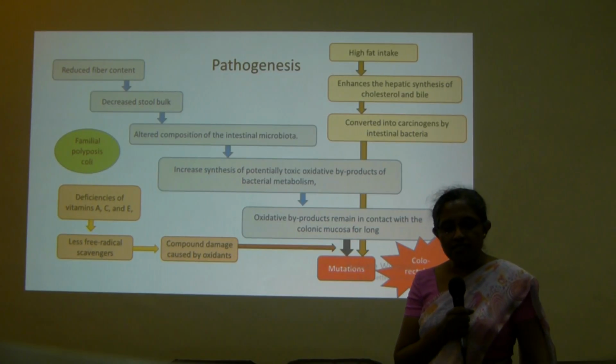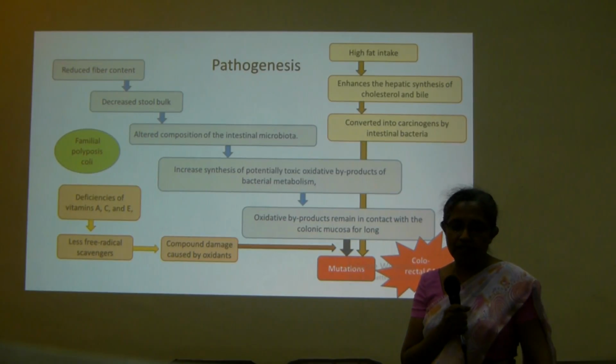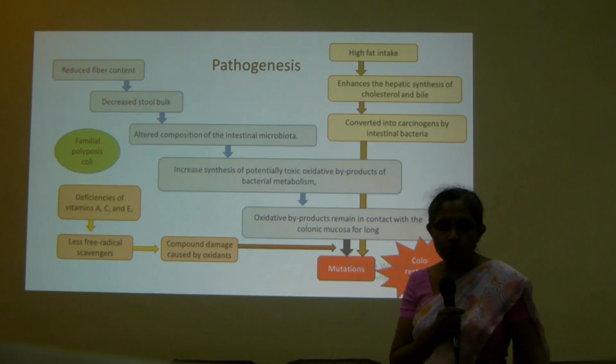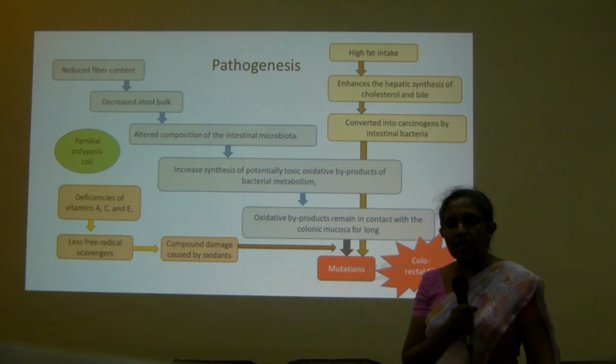The other reason is people tend to take a lot of low fiber diet, especially in the Western countries, so that their stool bulk is less and the stool does not progress forward, and stays in the gastrointestinal tract for a longer duration.